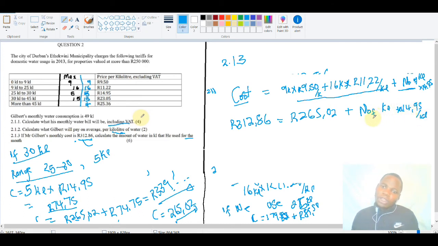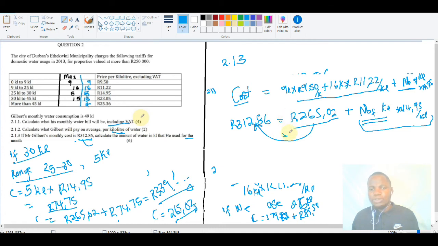So now what you do: the part which has the unknown, you leave it. The one which has no unknown, you transpose to the other side. In this case, this first part has no unknown, so you transpose this one to that side. When you transpose, it changes the sign.